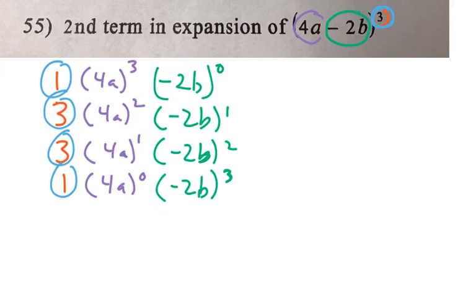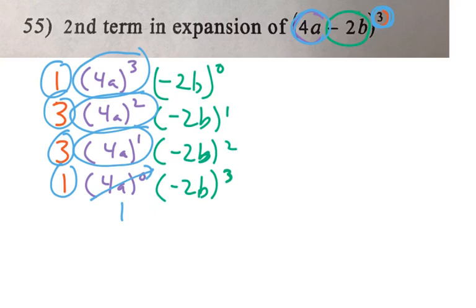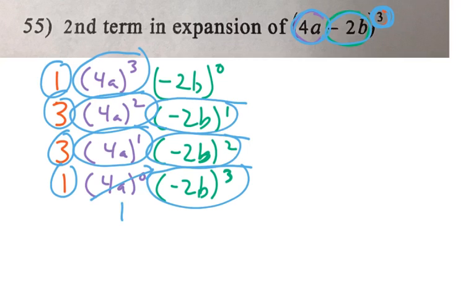Did you then take the 4a here, and because of the 3 power, you just did (4a)^3, (4a)^2, (4a)^1, (4a)^0, of course, is just simply 1. And finally, did you take -2b here to that 3 power, and you counted backwards? (-2b)^3, (-2b)^2, (-2b)^1, (-2b)^0, which of course is 1 again.